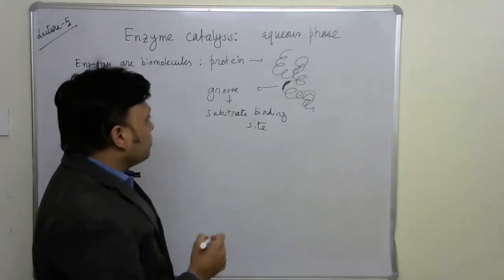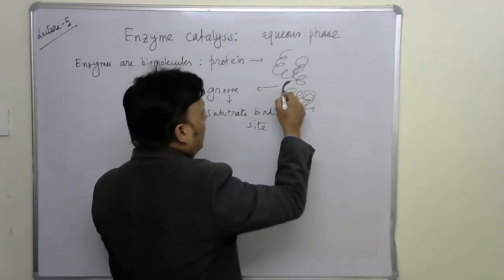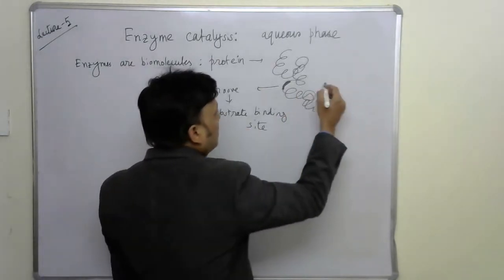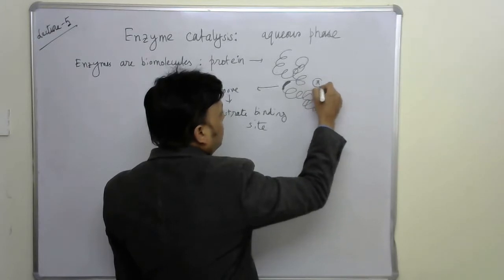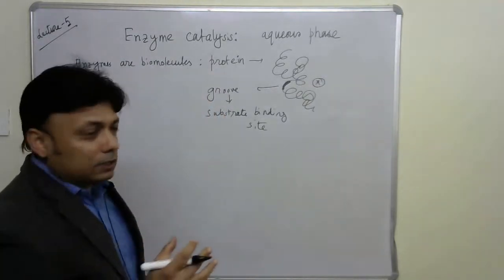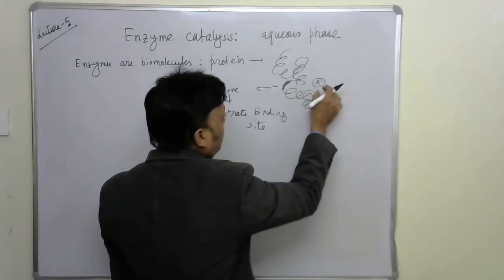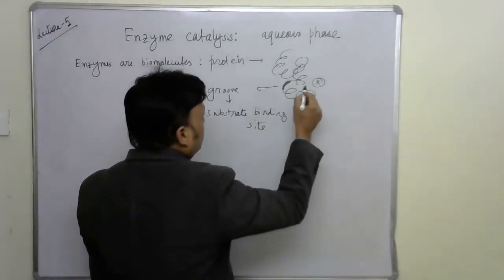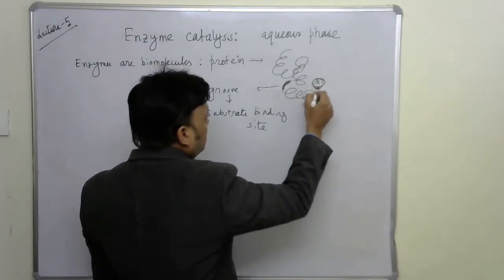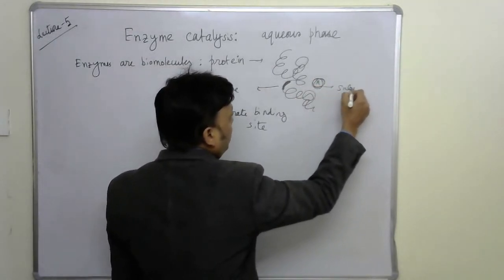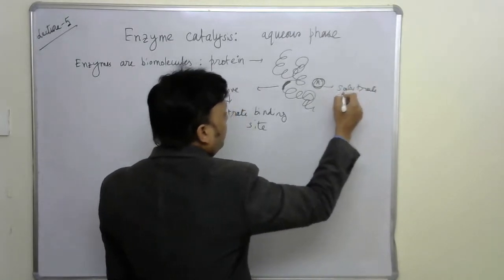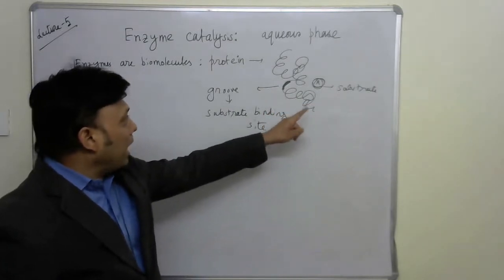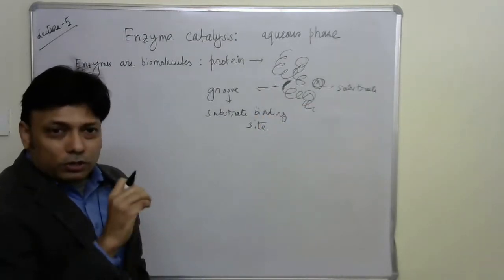Now, why is this called a substrate binding site? Because whatever the enzyme acts upon, for example, there is another biomolecule M. This biomolecule is basically a reactant, and when the enzyme acts on it, it converts it into the product. So this is called a substrate. This substrate molecule is able to attach only on the particular groove or substrate binding site.